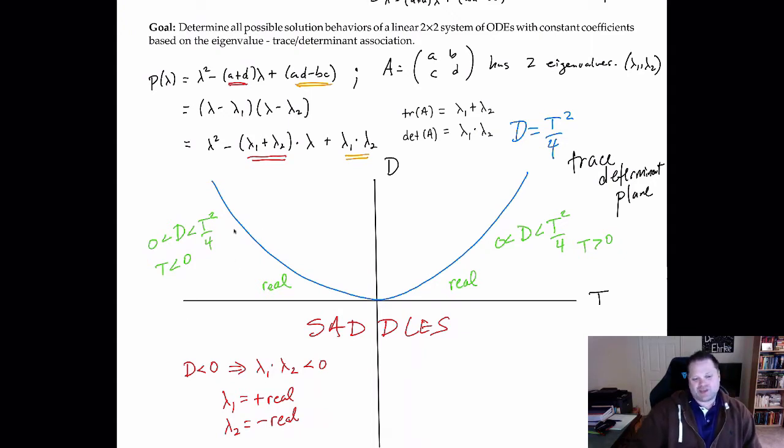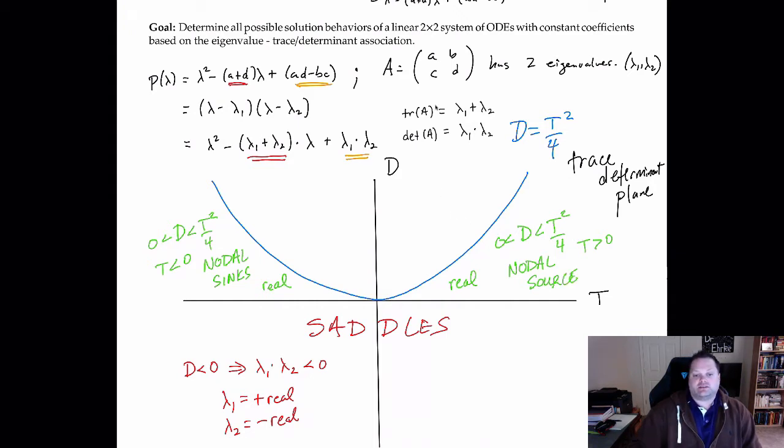What kinds of behaviors have we talked about that have decaying, sink-like behavior but are real? Well, these are the nodal sinks. And similarly over here, since the trace is positive, these will increase over time because you have a positive exponential, because your eigenvalues are positive. Since that's the case, this is a nodal source.